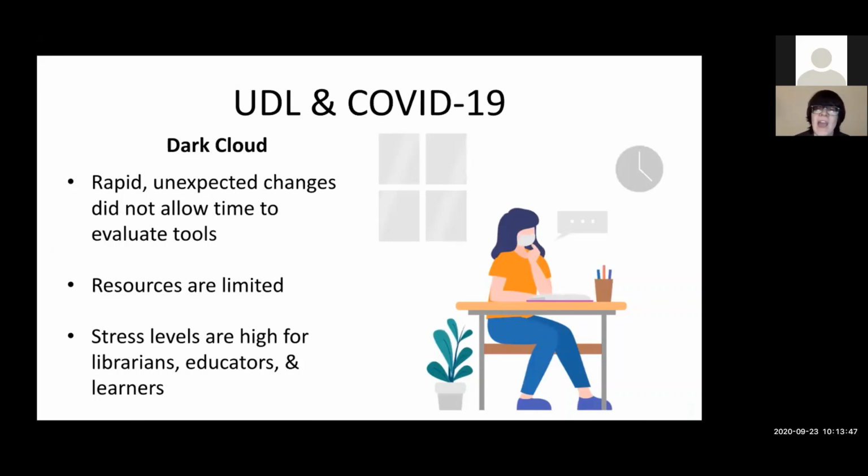Unfortunately, while we have adopted technology, I would argue that in many cases, libraries have done it in a way that does not necessarily help with their universal design for learning outcomes. This is very understandable. We had a rapid, unexpected change, which did not allow for time to necessarily evaluate tools in the way we would normally like to and adopt the most effective ones.